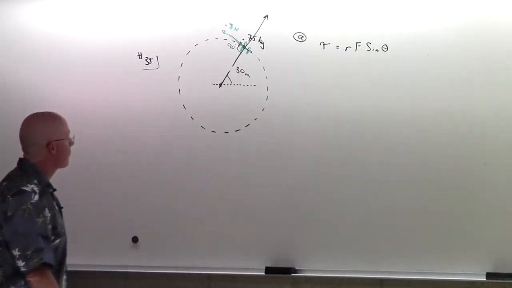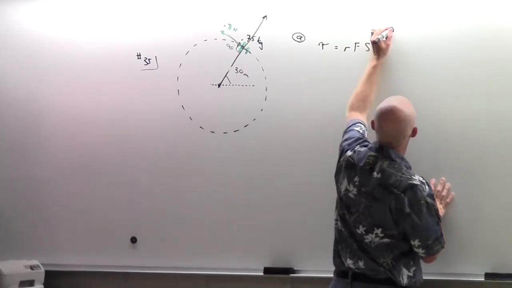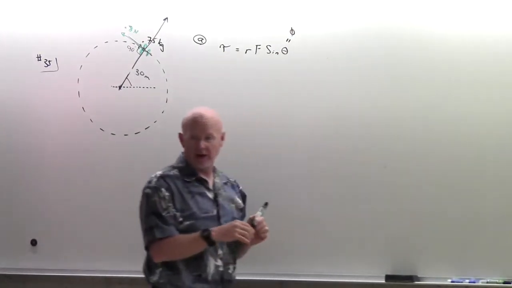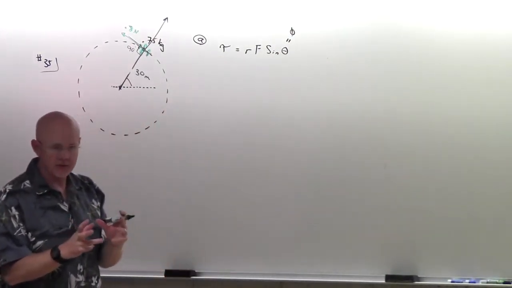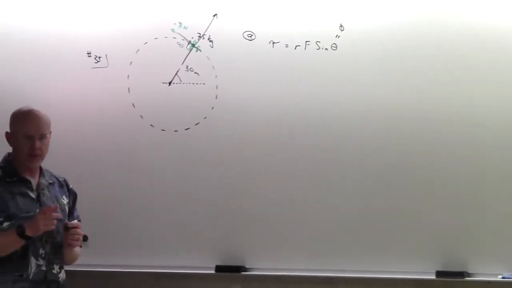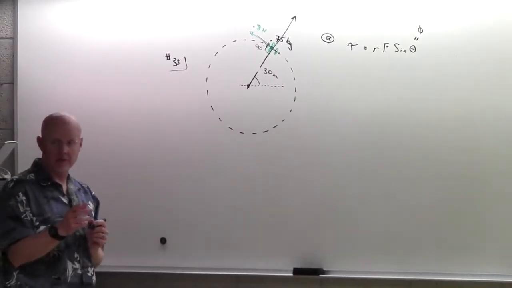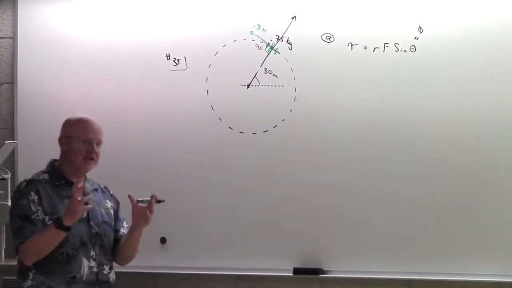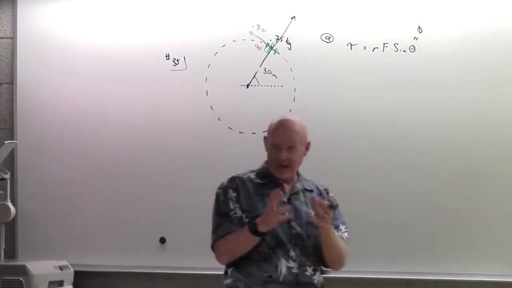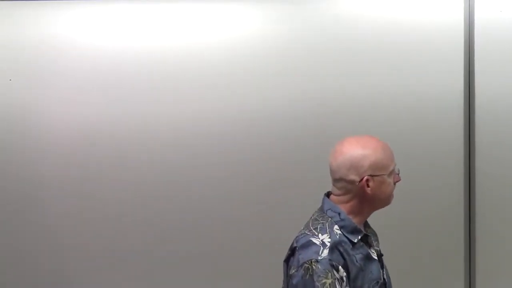So maybe I'll ask again, would it be better if I continue to use the theta or switch back to the phi so that you realize there's 2 different angles up here? Anybody care? No? Actually, maybe this discussion in itself was best, that it points out there's 2 different angles here. And then we got to be careful with which one we're talking about.